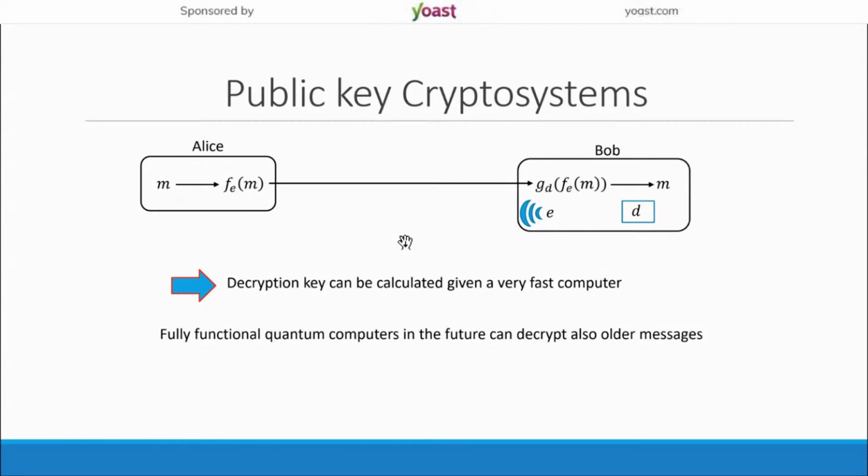So the security of this public key crypto system is based on computational assumptions, and there might be a very high probability to have a fully functional quantum computer, so these messages can be decrypted quite easily, and also in future times, the messages that we have sent in past times using this kind of crypto systems are going to be vulnerable to attacks.